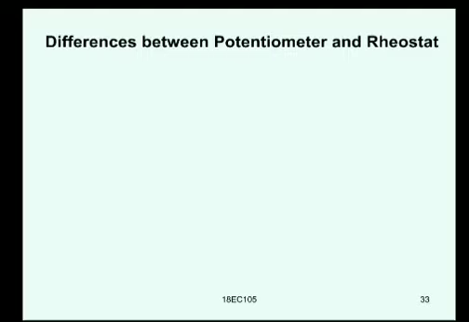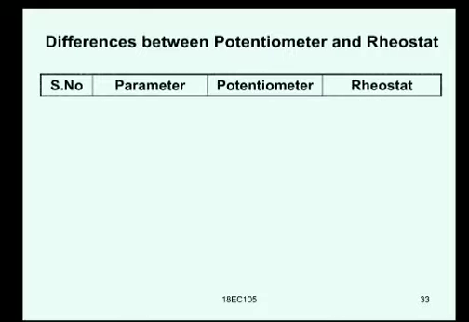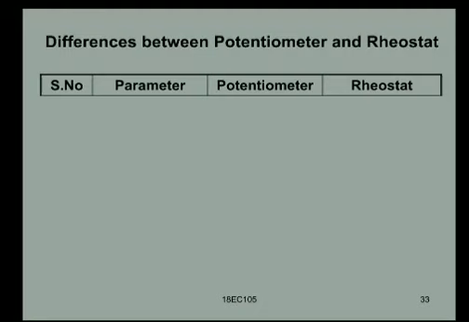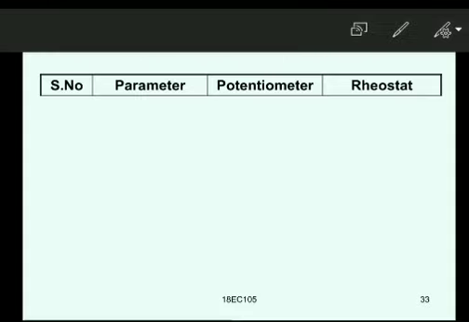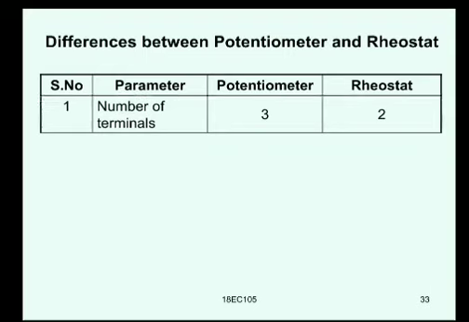Now let us see the differences between the potentiometers and the rheostats. Number one, we are comparing the parameter and how it varies in both the potentiometer as well as the rheostat.